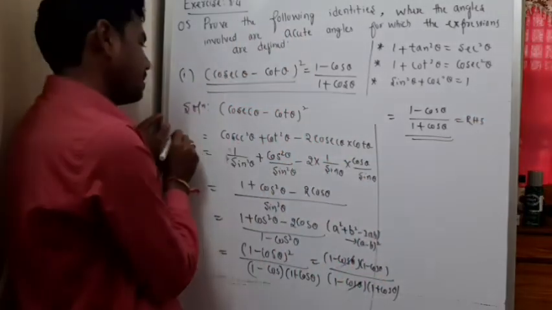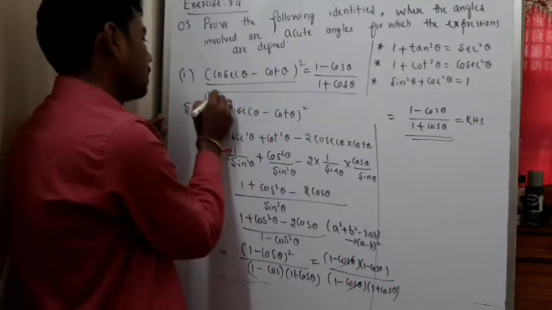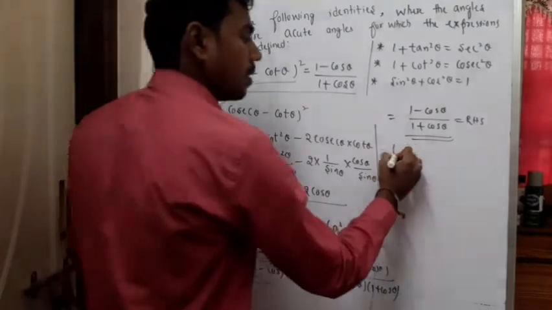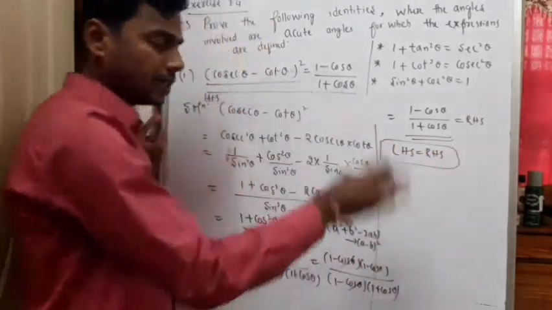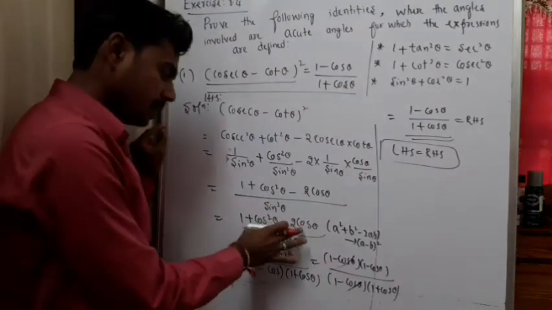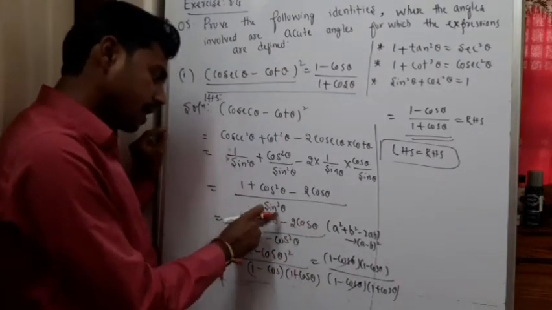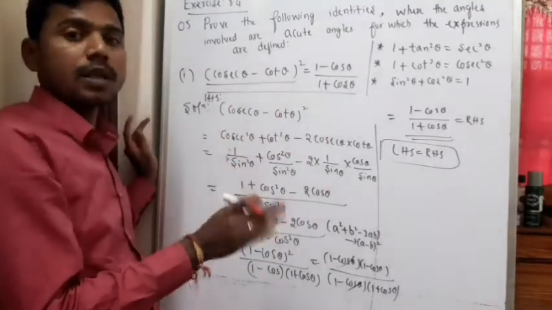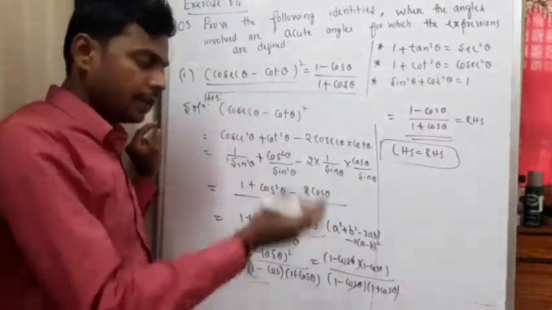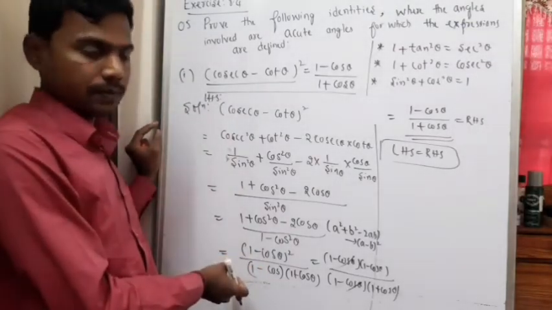We started by considering the LHS, so LHS is equal to RHS. We proved it. So please note this down. This is one of the basic things, and you should be able to write sin square theta as 1 minus cos square theta. Everything depends on your basics. How good you are at basics, you can easily solve the problem. So please note this down.